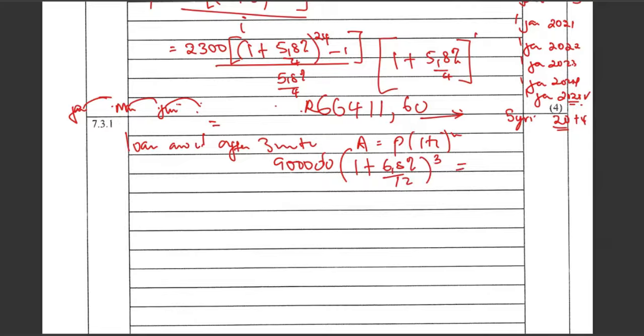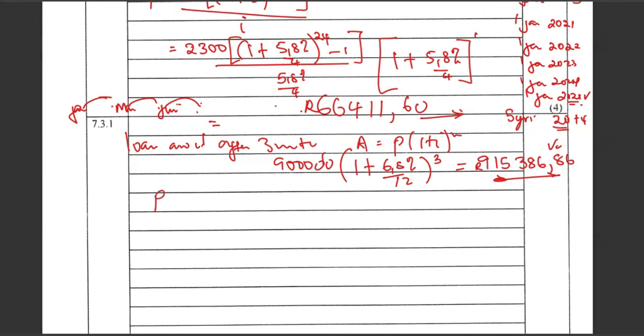Okay, when we punch that into the calculator, this is 1 plus 6.8% over 12 to the exponent of 3. I'm getting 915,386.86 rands.